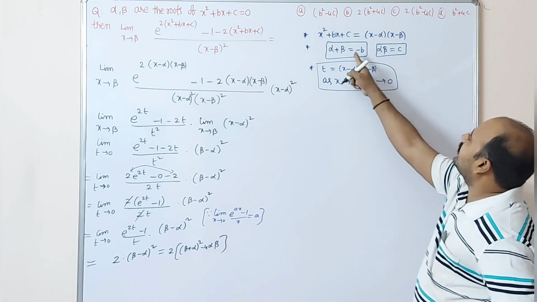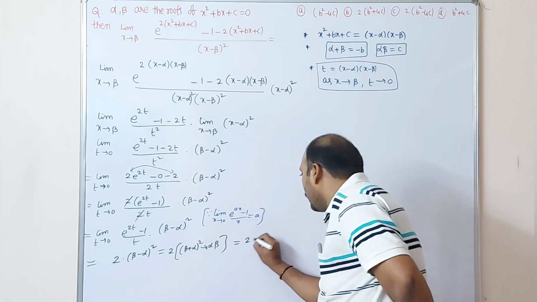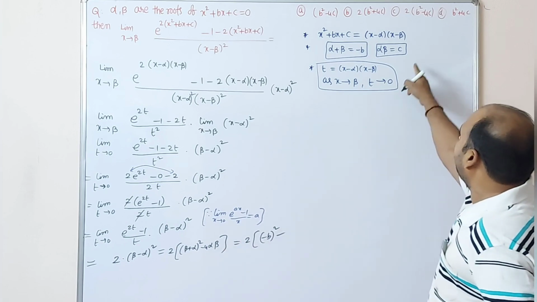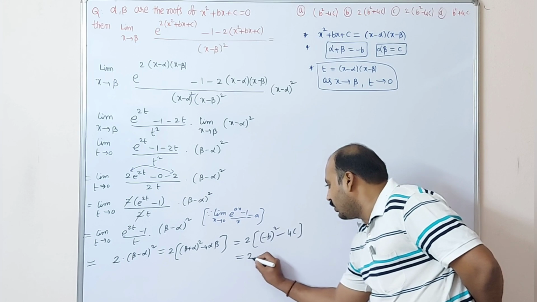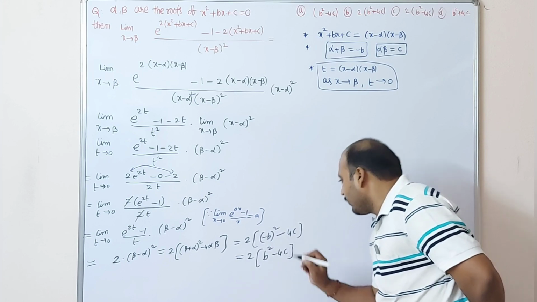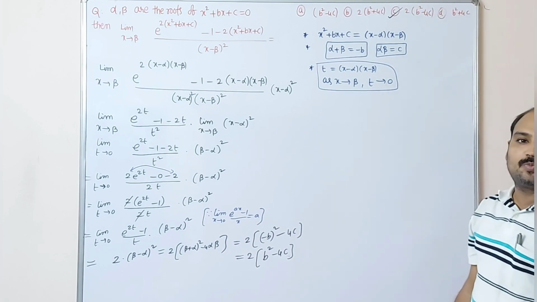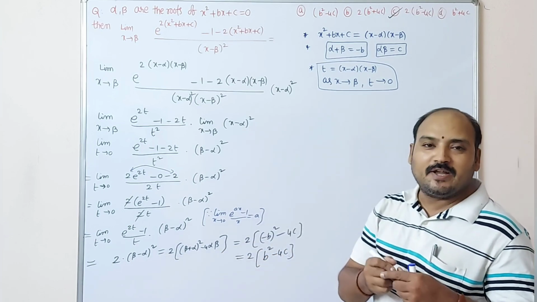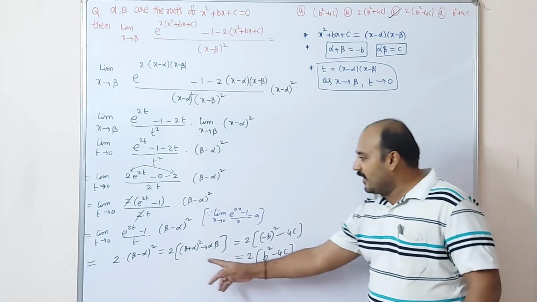Beta plus alpha means alpha plus beta, whose value we have here, which gives 2 into [(minus b) whole square minus 4 into alpha beta value c], so 4 into c, which is equal to 2 into (b square minus 4c). So 2 into (b square minus 4c) is there in the third option. See, after getting the answer also, we didn't have a direct option in that. We need to rectify it here.